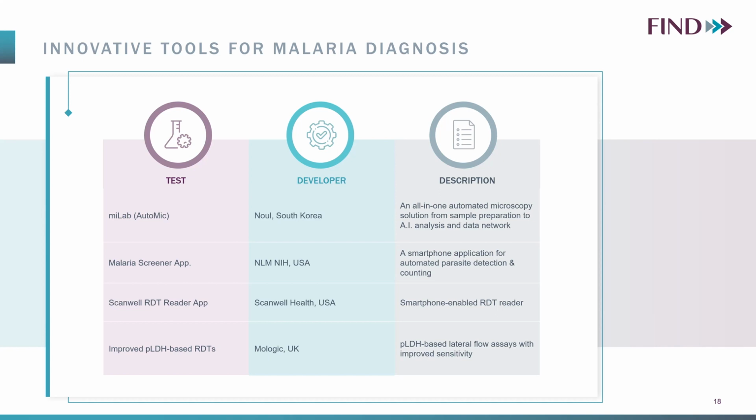It is very important for surveillance purposes. It is a smart-enabled RDT reader. And also we have evaluated and improved BLDH-based RDTs. It's from Mologic. It is a lateral flow assay with improved sensitivity and specificity.